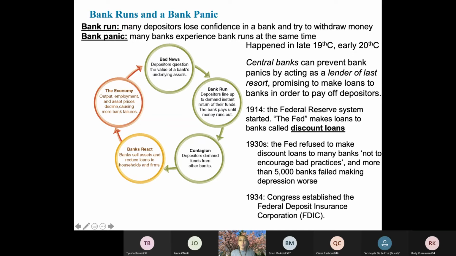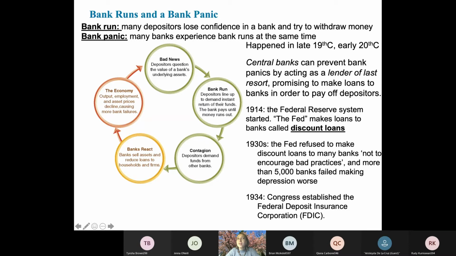So there was some kind of bad news that something is going on with the bank assets because of maybe a bad economy, bad crops, or some risky investment that the bank made. And so depositors run to withdraw their cash. They are not finding all their cash, or maybe not all depositors are able to withdraw it.